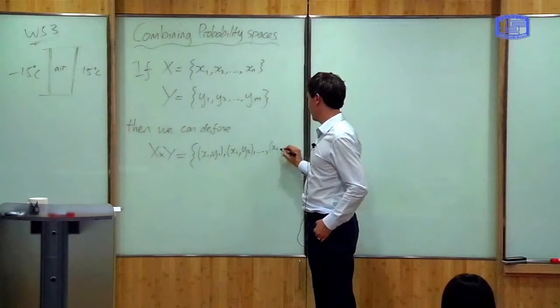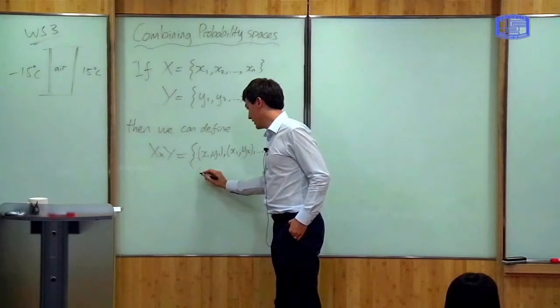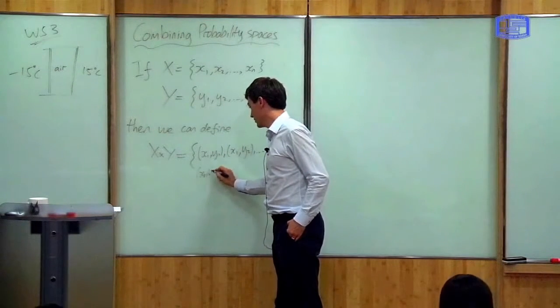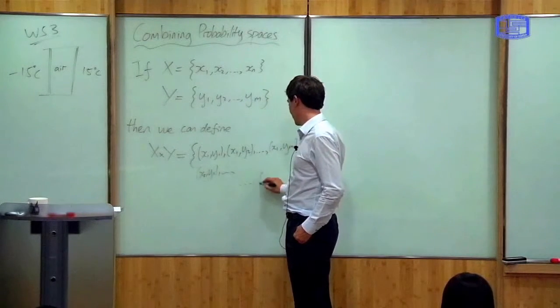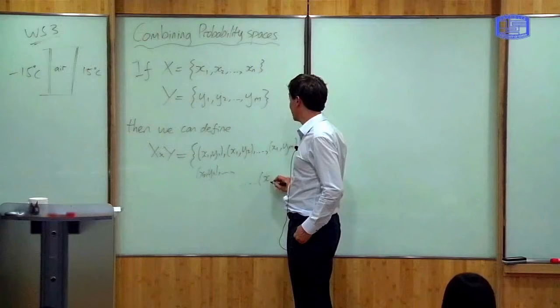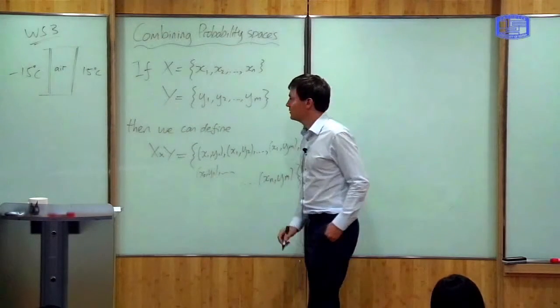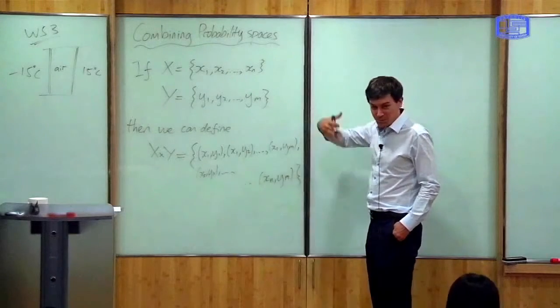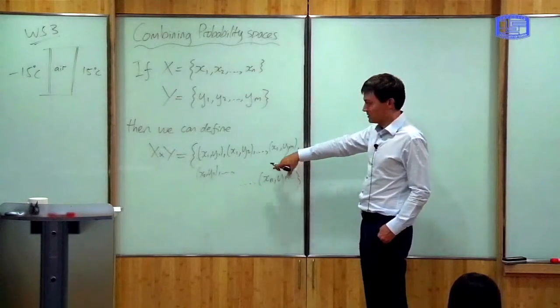You can have x1 and ym, or you can have x2 and y1, and you keep going all the way up to xn, yn. So X cross Y is the set of all possible combinations of events.